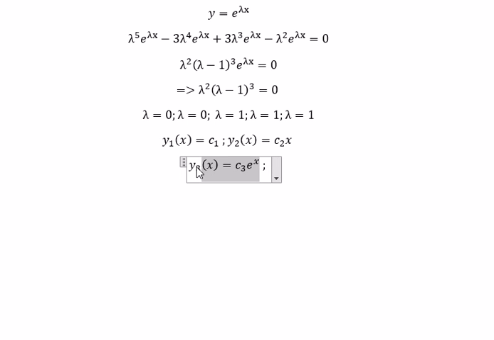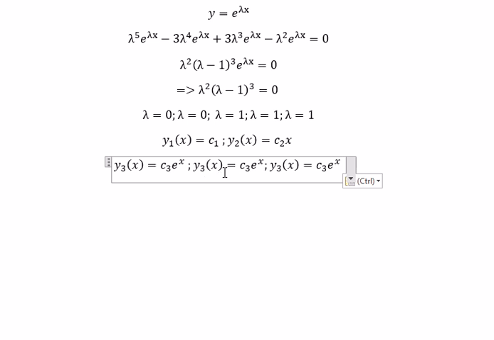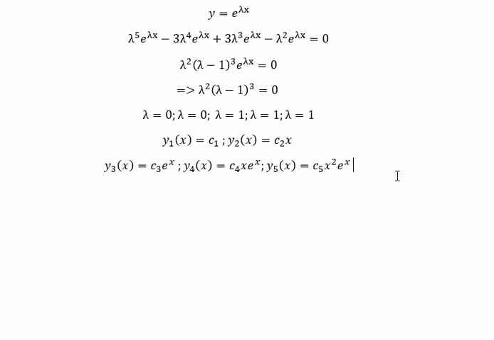Similar for the next one. This is y4(s), so we get c4 multiplied with s e to the power of s, and the last one, c5 s squared. So in this situation we can get the final answer.